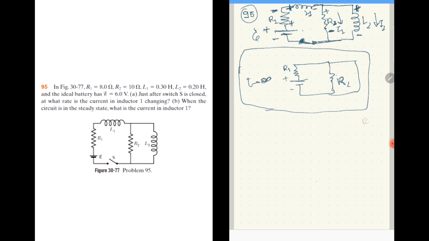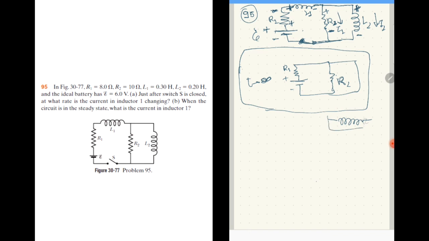because the problem says a stationary solution, so the time tends to infinity, we know that the inductor doesn't work. The inductor, which is actually a coil, just wires, when the time is so long, these are just wires, they don't work.